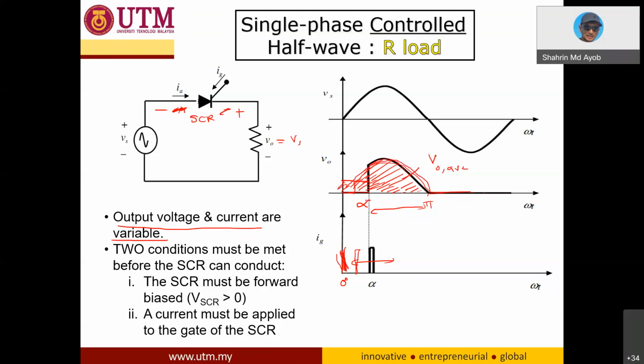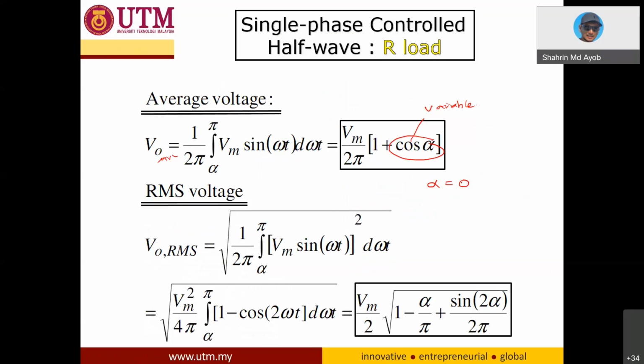When you substitute alpha 0 here, you will obtain Vm over 2 pi times 1 plus 1, which is Vm over pi, similar to the diode rectifier. So when alpha is 0, the SCR rectifier behaves like a diode rectifier.